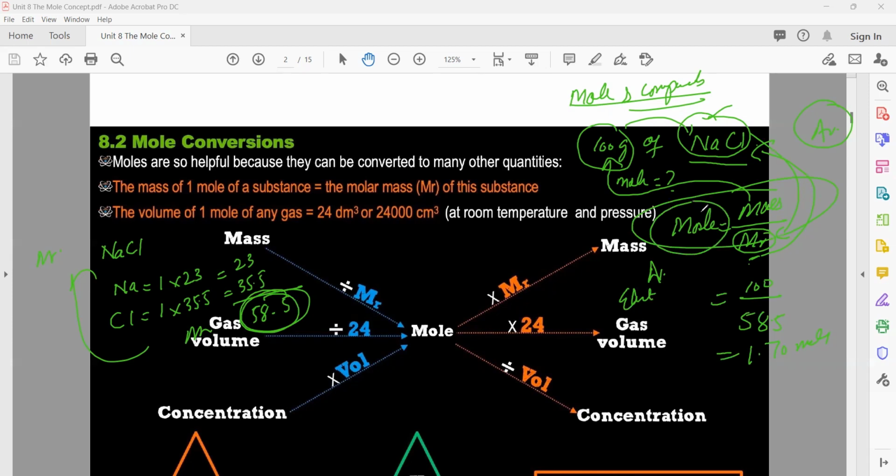If moles are given, you can find its mass. The formula will be changed like this: mass equal to mole multiplied by MR.